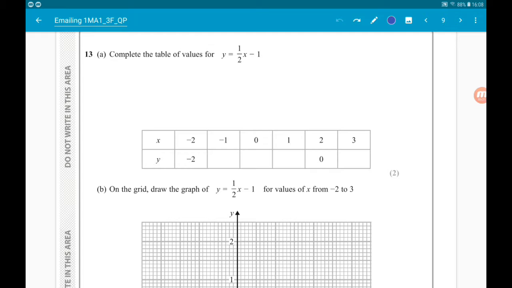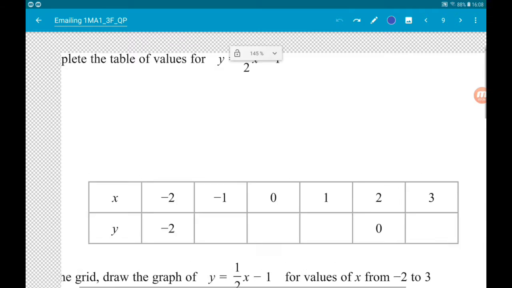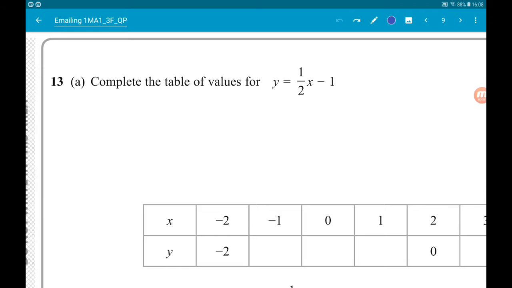So, when x is minus 1, y is 1/2 times minus 1, which is minus 0.5 minus 1, and that gives us minus 1.5.